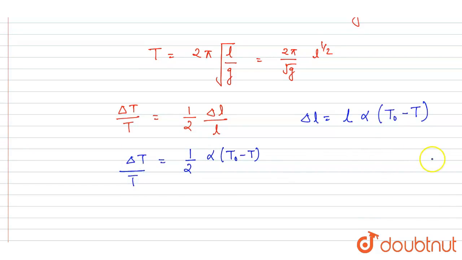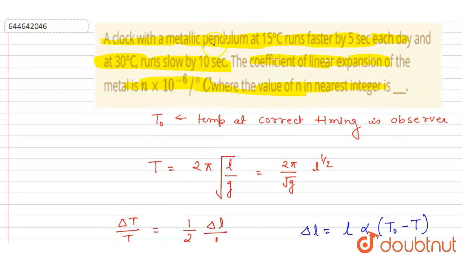It is given that it runs 5 seconds faster at 15 and 10 seconds slower at 30.